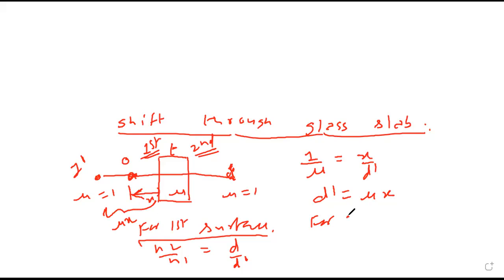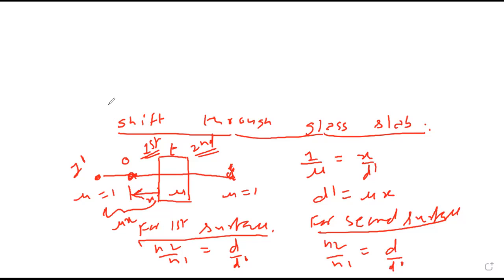So for the second surface, n2 upon n1 is d upon d dash. n2 is 1 and n1 is mu. d will be the total distance, that is the thickness t plus mu x from the second surface, upon d dash. So d dash will be (t plus mu x) upon mu.